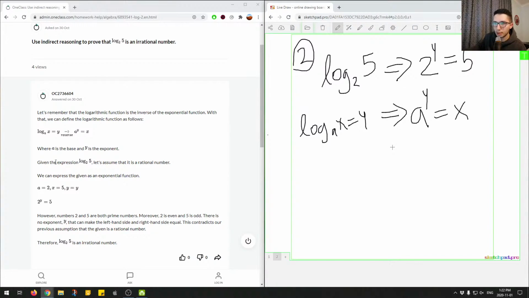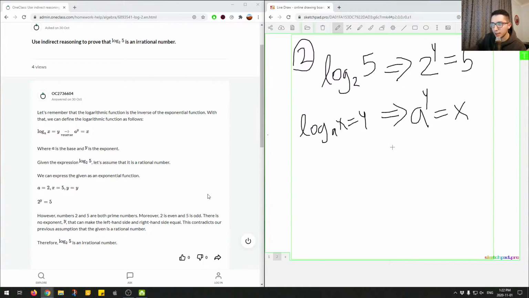Going on, we can see where a is the base and y is the exponent. Given the expression log base 2 of 5, let's assume that it is a rational number. We can express the given as an exponential function, and then we can see that both 2 and 5 are prime numbers, and 2 is even and 5 is odd.